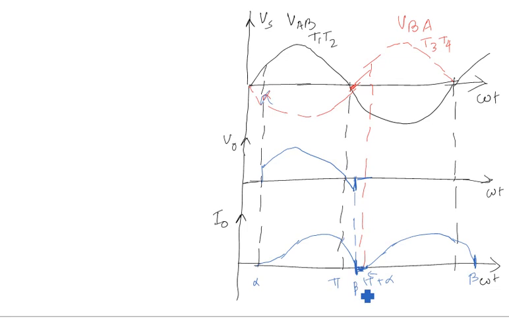For beta to pi plus alpha, the current touches zero. I can say that your inductor has a lower capacity, the value of the inductor is low. That's why your I naught is discontinuous.